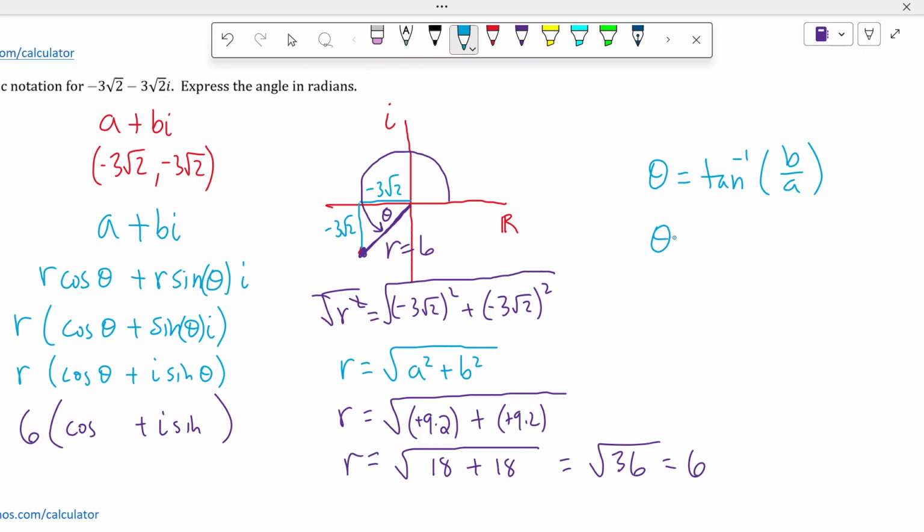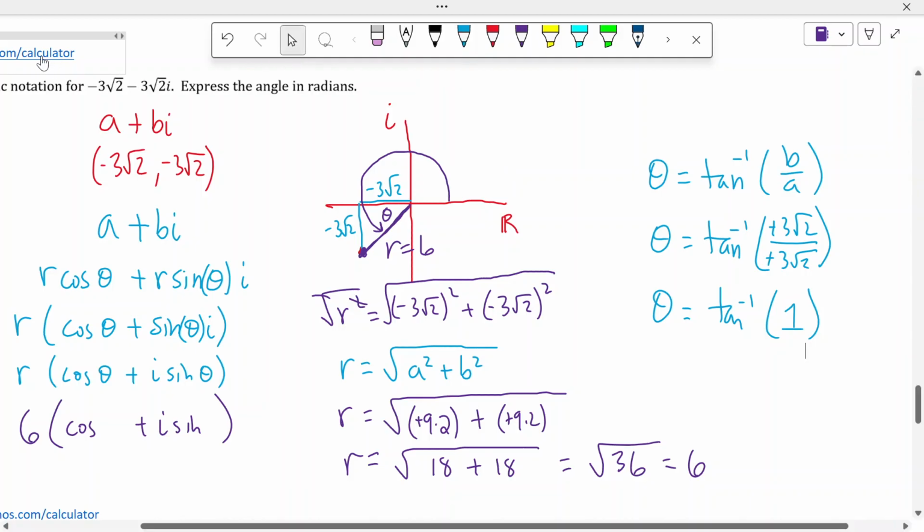So if I use my formula, or if I just use the triangle, I go opposite over adjacent for tangent, and then tangent inverse. So it's actually just going to be the tangent inverse of negative 3 root 2 over negative 3 root 2. And of course, negative over negative, I don't even need those. In fact, wait, 3 over 3, root 2 over root 2, this is actually just the tangent inverse of 1, a giant 1.